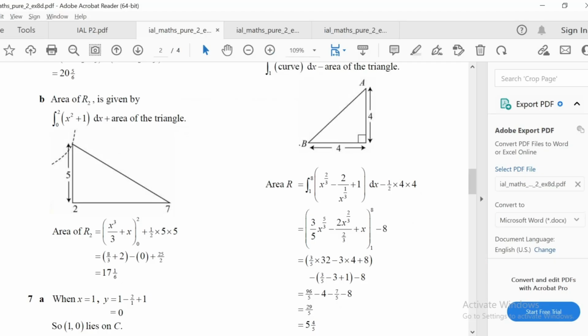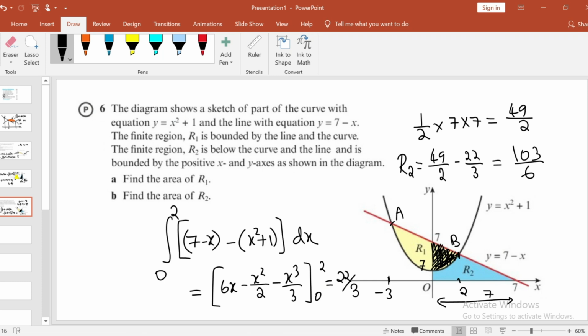We look at the marking scheme. 103 over 6. That's correct. You are going to get this type of question in the exam.